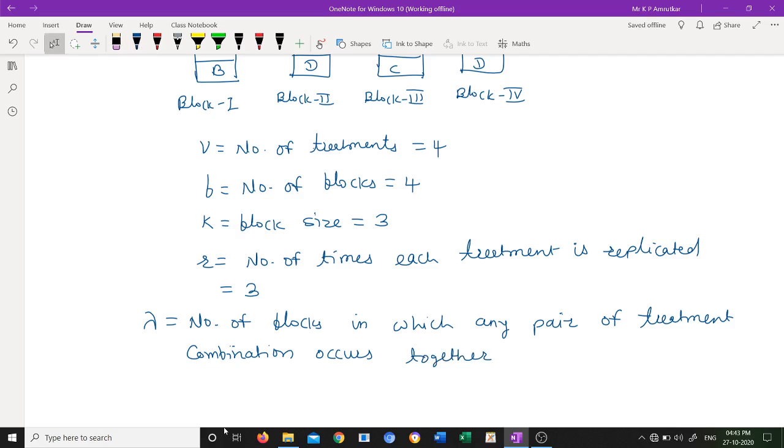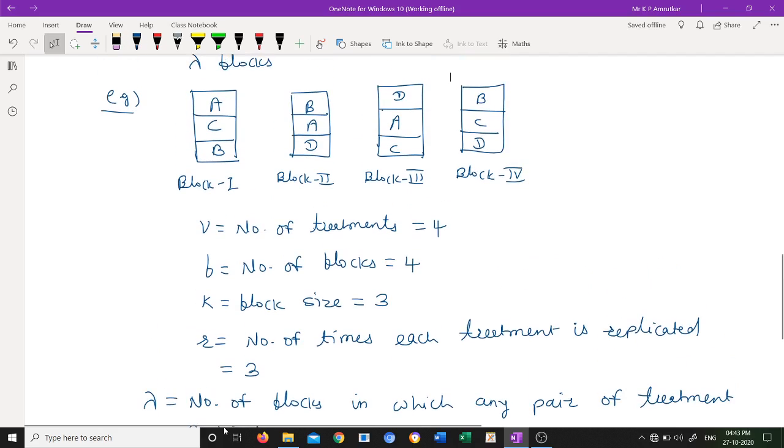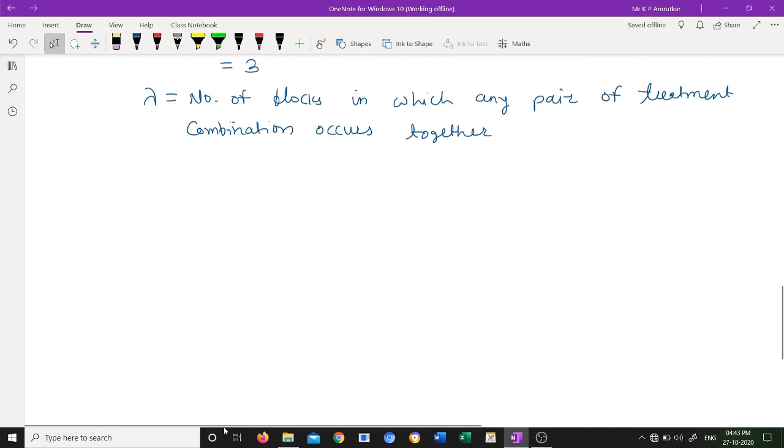Now look at this design. There are 4 treatments A, B, C and D, and from these 4 treatments we can make 4C2 pairs. So make one table to understand what is meant by lambda. Here we have pair, and here number of blocks.